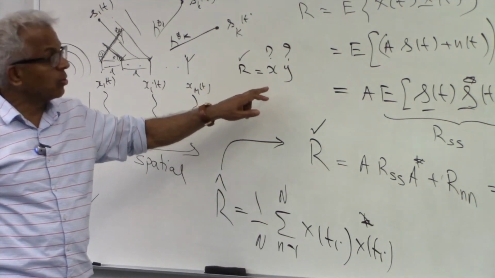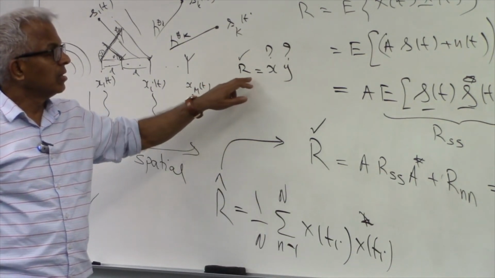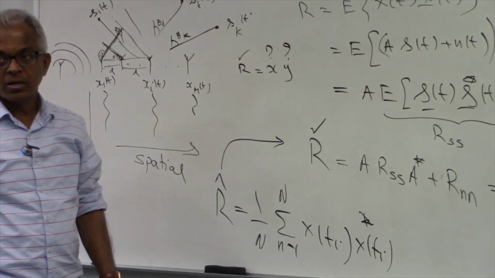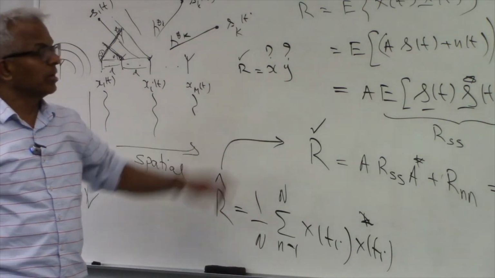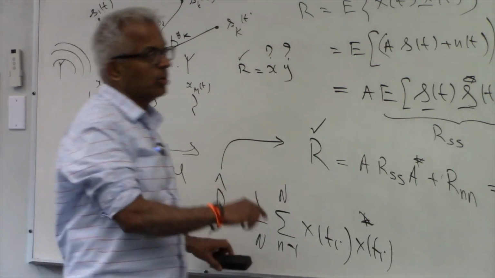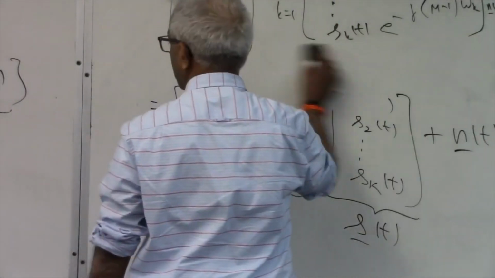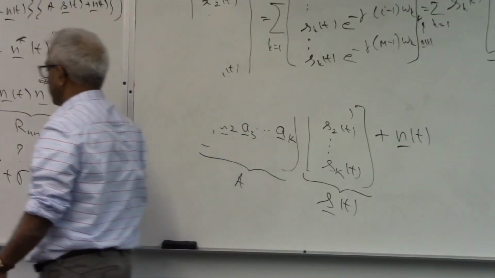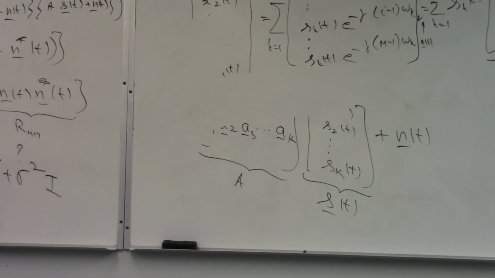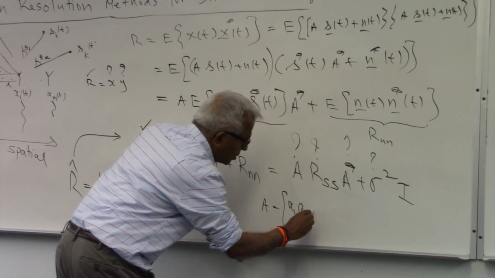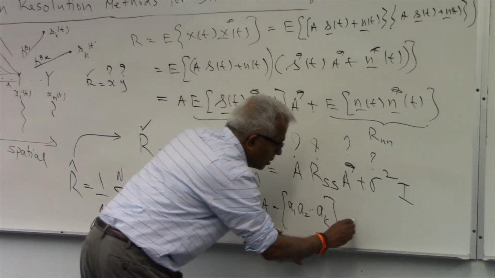Unlike here, if it is a scalar, then saying R equals XY, you can't find X and Y if I just give you the product, right? But that's the situation. We do have structure, and we want to exploit this structure. Before I erase everything, A is the direction vectors, A1, A2, etc., up to AK.